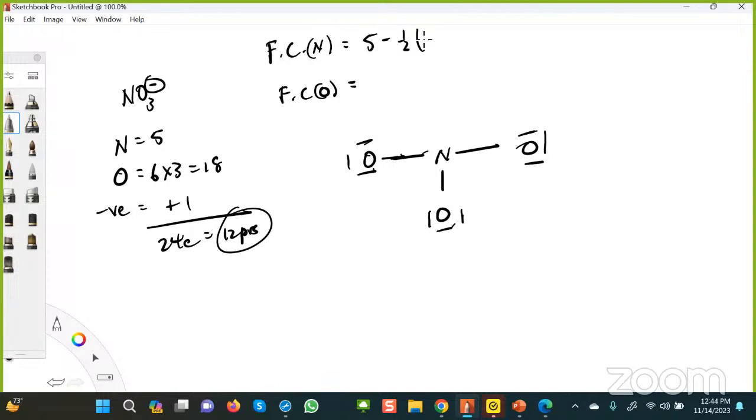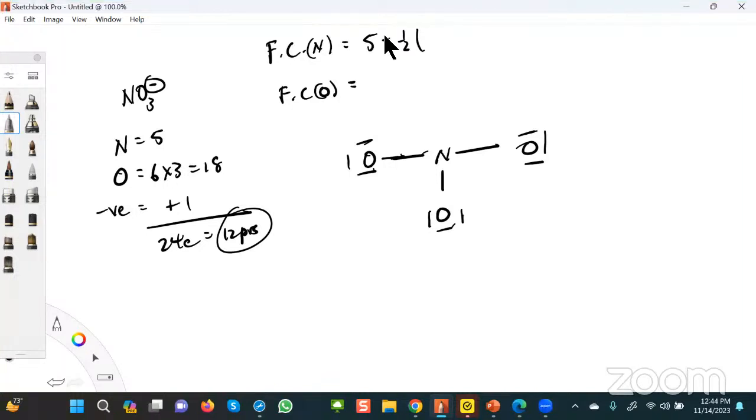Come on, folks. What's the number of bonding pairs around the nitrogen atom in this structure? And you guys out there on Zoom, you can also answer as well.